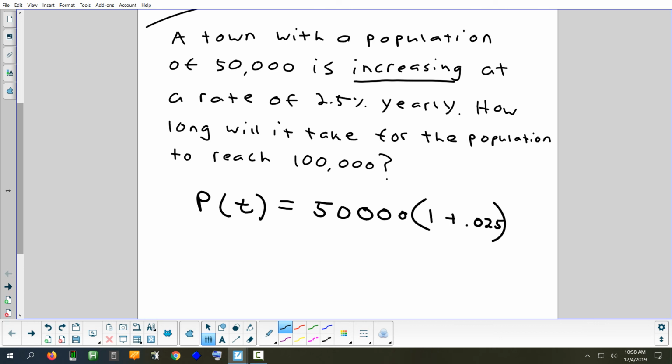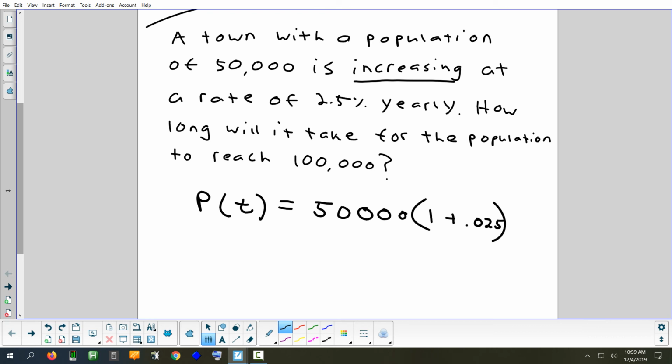And then the exponent, in this case, is going to be what? Think back to the formula I had. Yep. 0.025. So we've already used the 0.025, so that's done. But I don't have my variable yet.